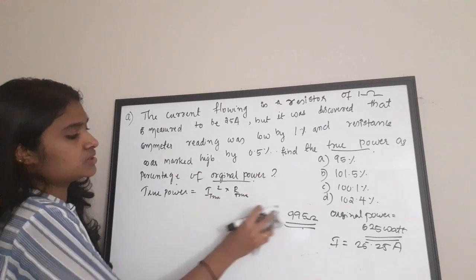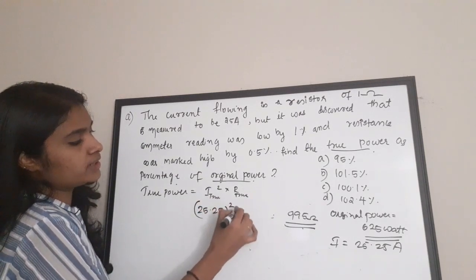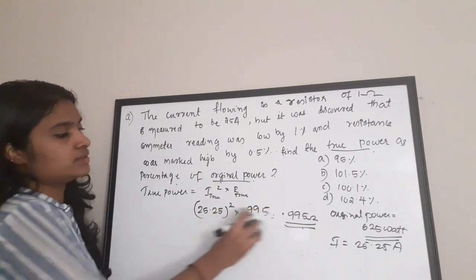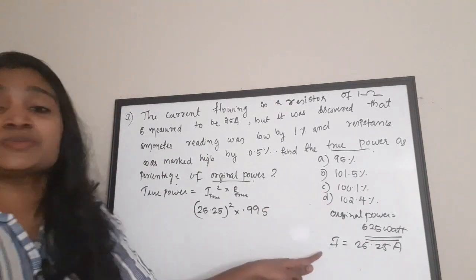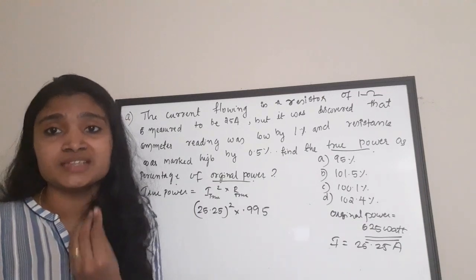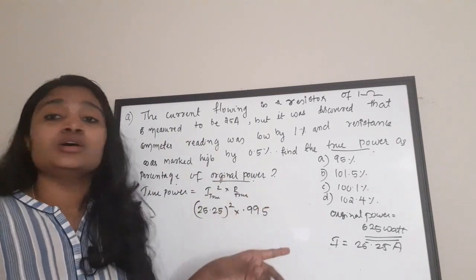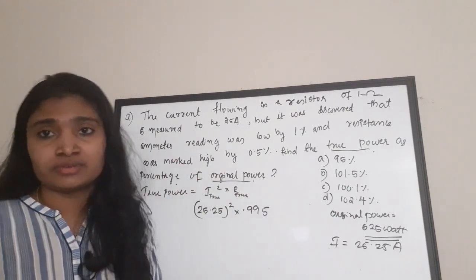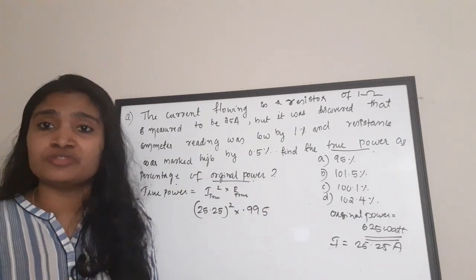I'm going to substitute: 25.25 squared into 0.995. I hope this concept is clear. When the current was measured, the ammeter was faulty, due to which the current is measured 1% low. So 1 plus 1% will be the true current, that is 25 plus 0.25, so the true current is 25.25.